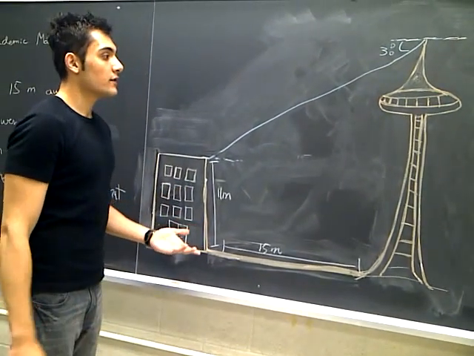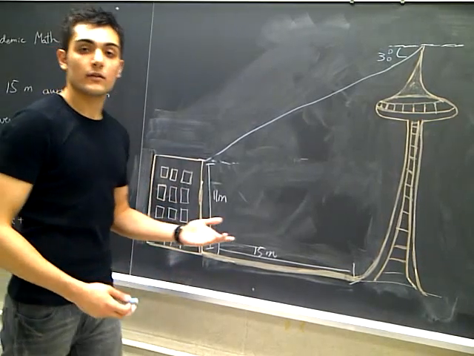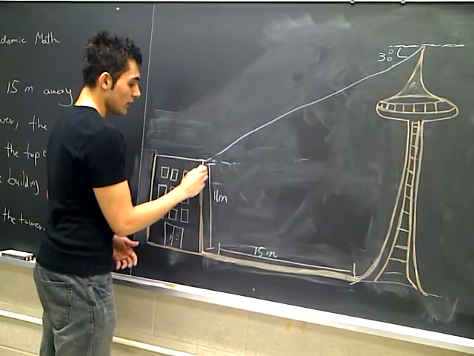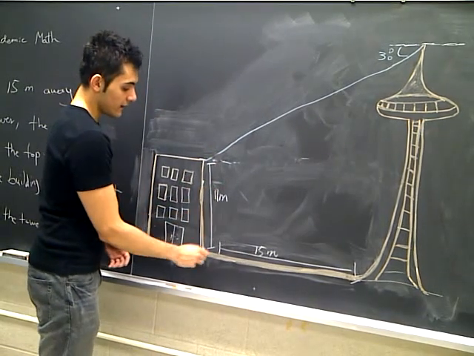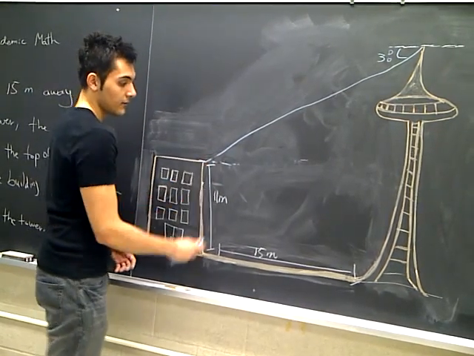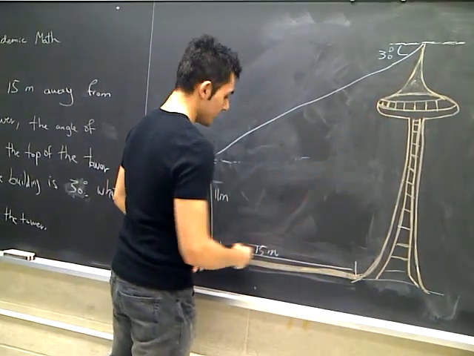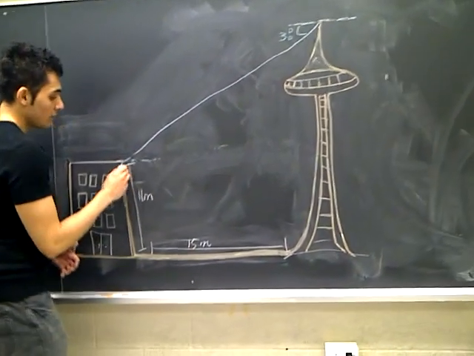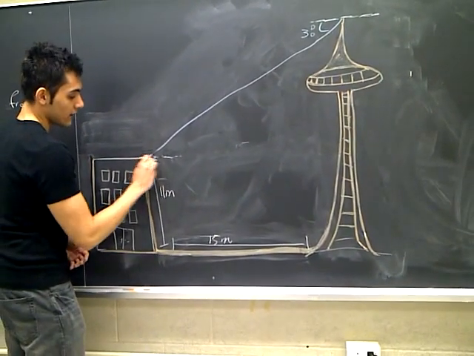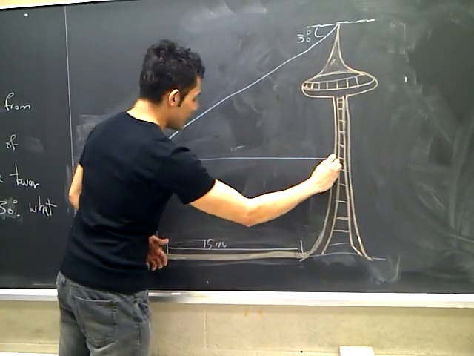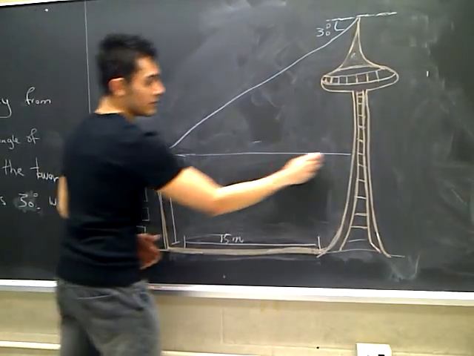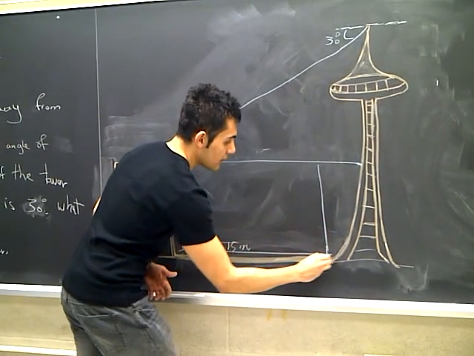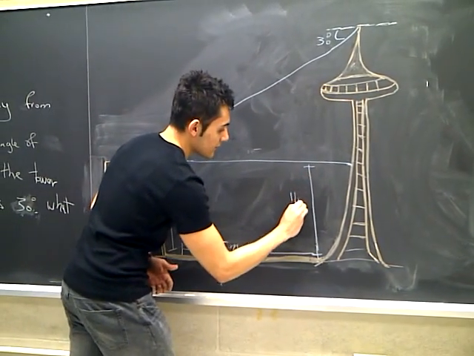Now, the first thing you have to do is try to relate it to things you already know. We know that the building is 11 meters from here to here, and we assume that the building and the tower are at the same elevation. If we draw a line from the top of the building to this part of the tower, we know at least this part of the tower is 11 meters.